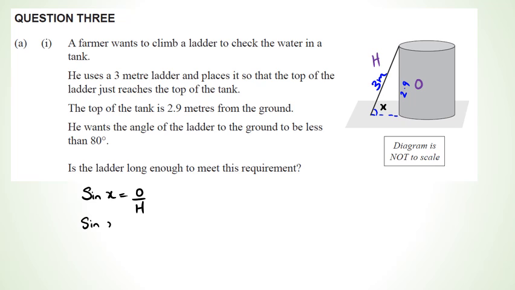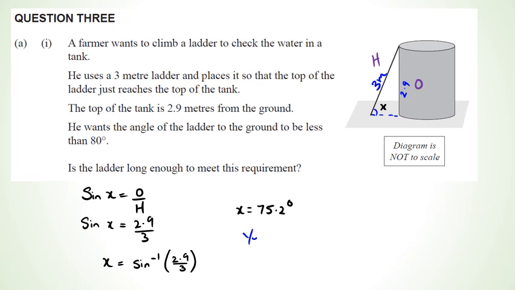So sine of x is equal to 2.9 divided by 3, and x is equal to inverse sine of 2.9 over 3. And so we're going to figure out that x is actually equal to 75.2 degrees.